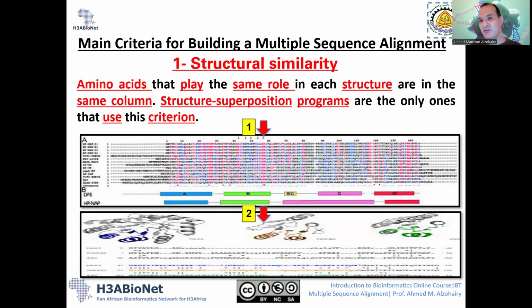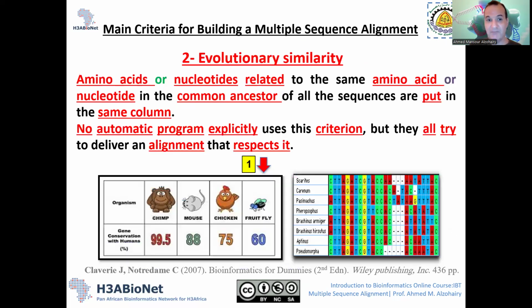So, for example, if we have a certain amino acid in a certain position across many species or many sequences, this will give us the idea that maybe these sequences play a structural function, or what we call a structural role, for this protein or for this DNA.